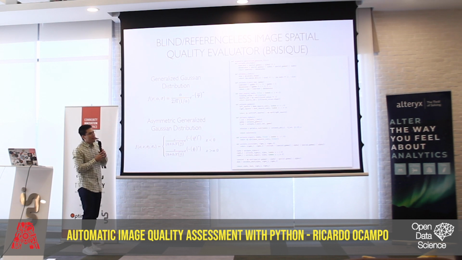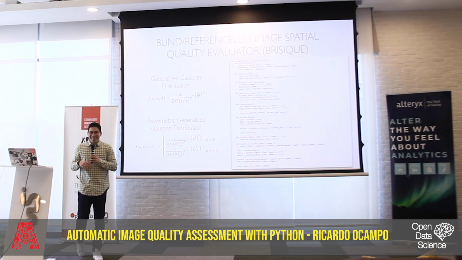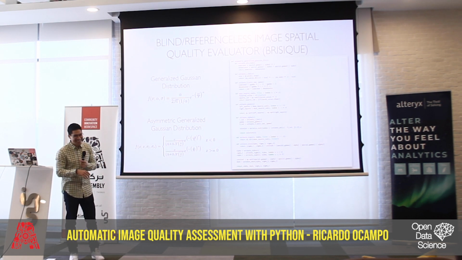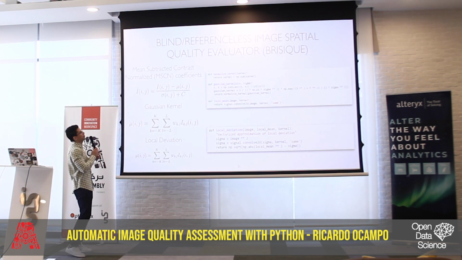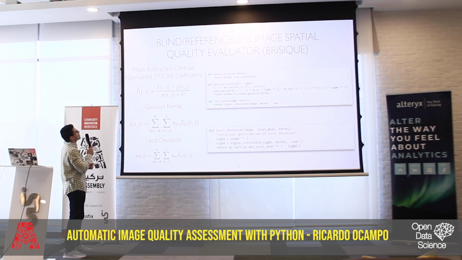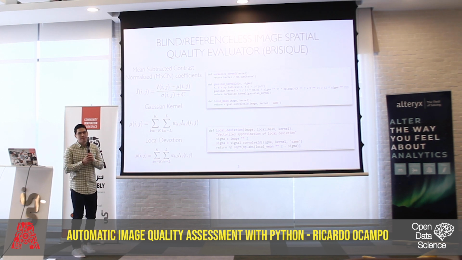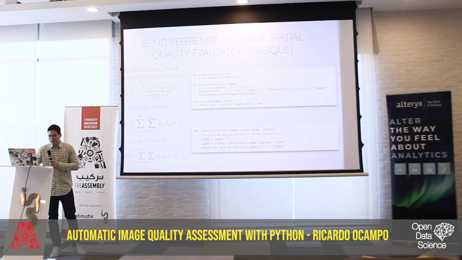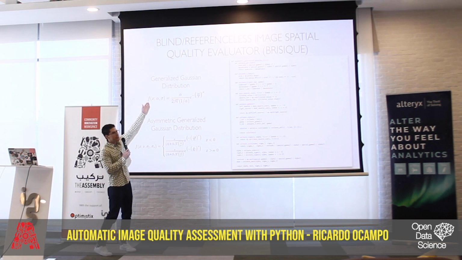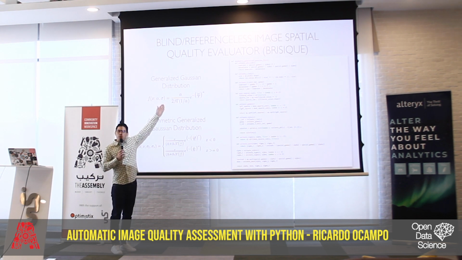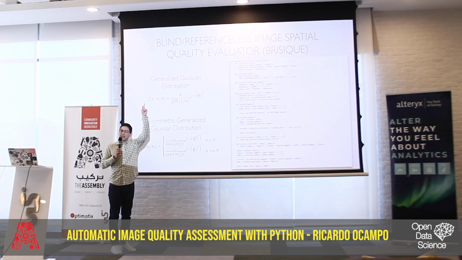Okay, the equation I showed you before is called mean subtracted contrast normalized coefficients, MSCN, for simplification. So the MSCN behaves this way, which is much simpler because we assume it's symmetric and that simplifies a lot.